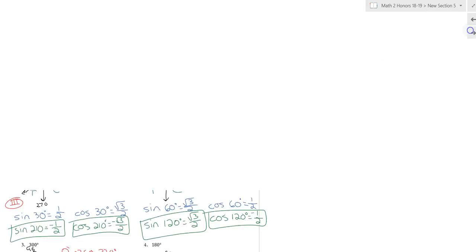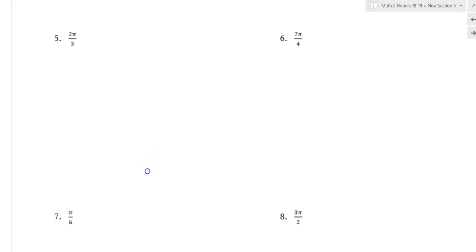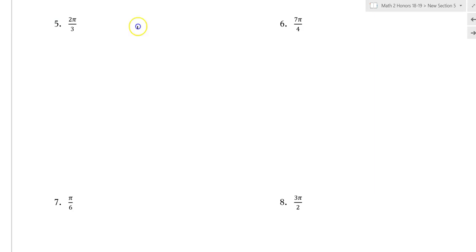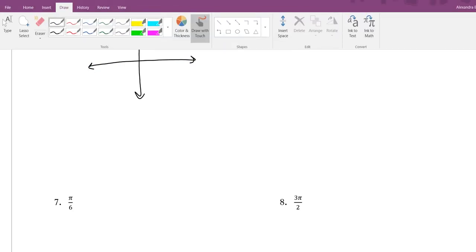Alright, go ahead and turn to the next page. We have 4 more problems which we're going to look at with radians instead of degrees, but still all the same process. So we have to draw this 2 pi over 3.